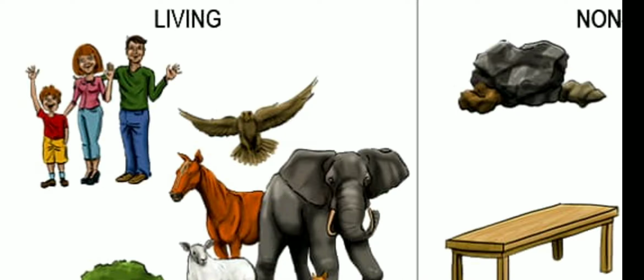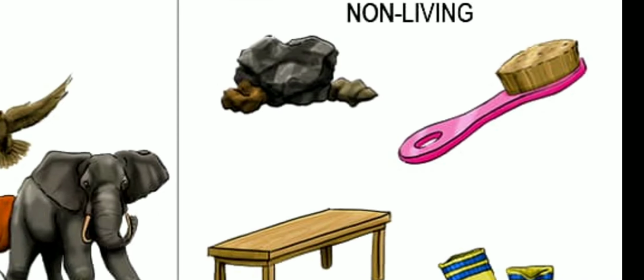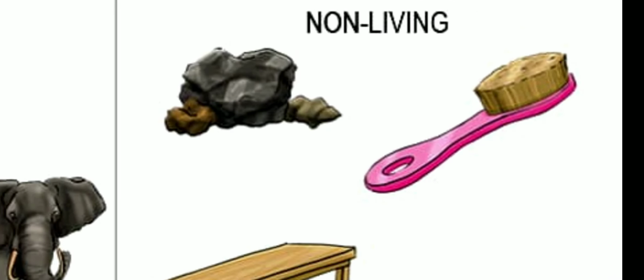In case of non-living organisms, they do not grow. Have you ever seen your toothbrush grow to 1 foot or 2 feet? Have you ever seen the table that was in your room in childhood grow so big? No, it does not happen in case of non-living organisms.